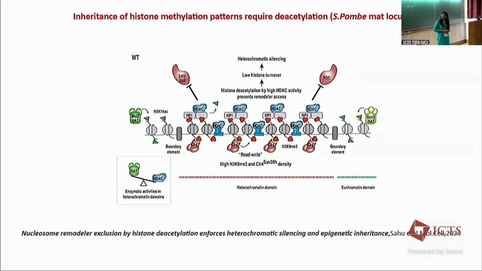This removal of green marks doesn't let the remodeler SwissSNF act. This is because the SwissSNF remodeler has a domain known as the bromodomain, which is responsible for recognizing the acetyl patches. So once the acetyl marks are absent, the SwissSNF remodeler cannot recognize them and cannot perform its function, which is known to be nucleosome eviction and nucleosome sliding. In addition, the absence of these green marks allows the histone methylase, denoted by Clr4 here, to put methyl marks on the nucleosome.